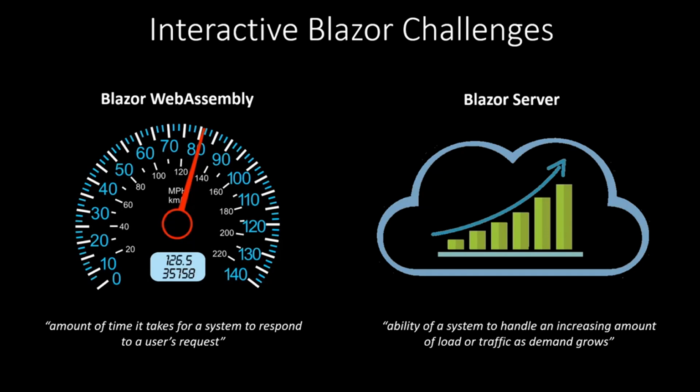But if you chose Blazor WebAssembly, by its very nature, Blazor WebAssembly has to download assemblies to the browser so that they can run natively in the browser. Of course, downloading assemblies has some latency depending on the internet connection that you're using. And so it takes some time for the browser to download those assemblies, load them, and then execute them.